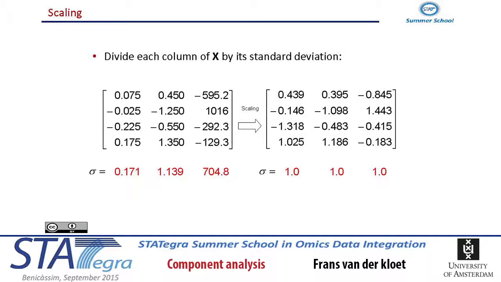Then we can also do some scaling, and then we divide the data by its standard deviation. So every variable will have the same standard deviation, sigma 1. So we can really compare these variables to each other because they are in the same order of magnitude.